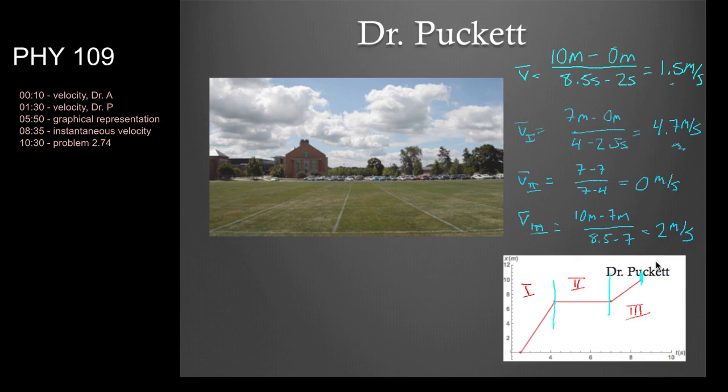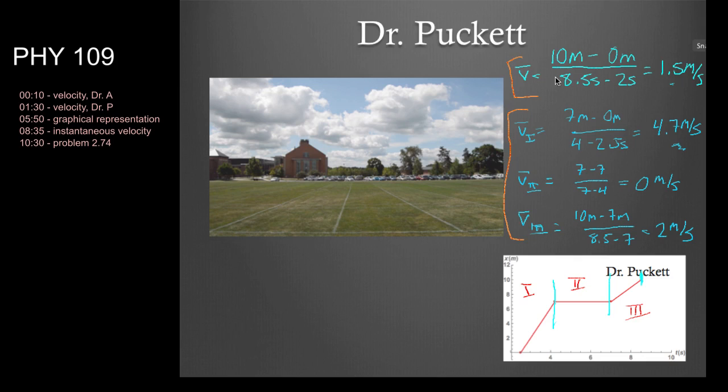There's just a few things here that I'd like to bring to your attention. One again is that the average velocity over this whole time window is 1.5 meters per second. I'd like to contrast that with the 3 measurements that we made of the velocity during each of these 3 regions: 4.7, 0, and 2.